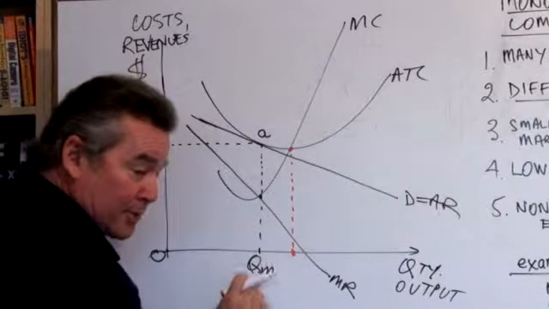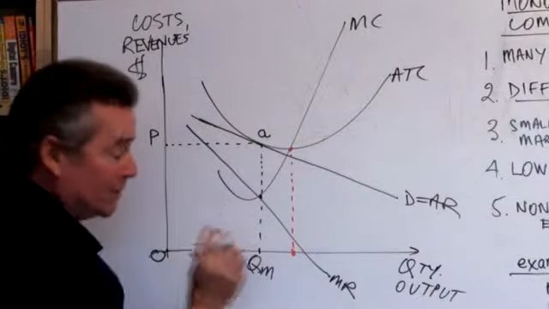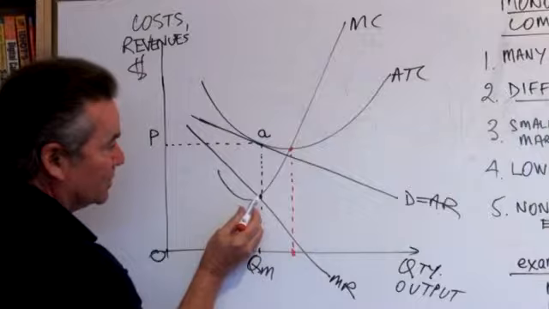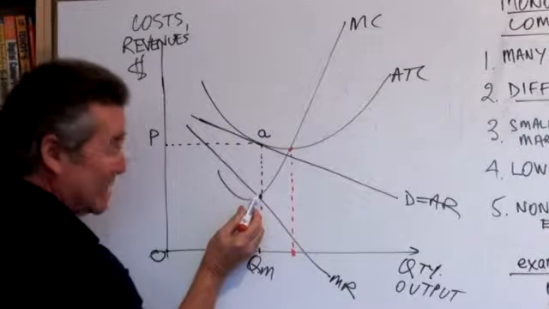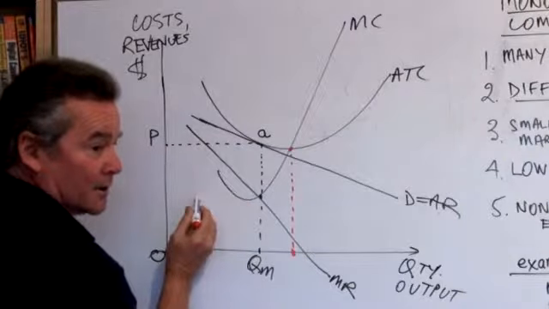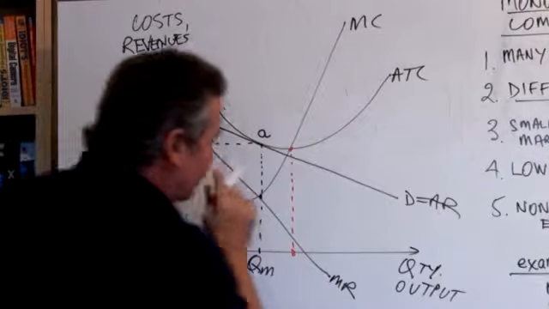They're not. They're producing a lower quantity. And of course, we know that that's not allocatively efficient because there's the marginal cost associated with producing this level of output, and the price they're charging is significantly higher. So P does not equal MC, which is our precondition for allocative efficiency.